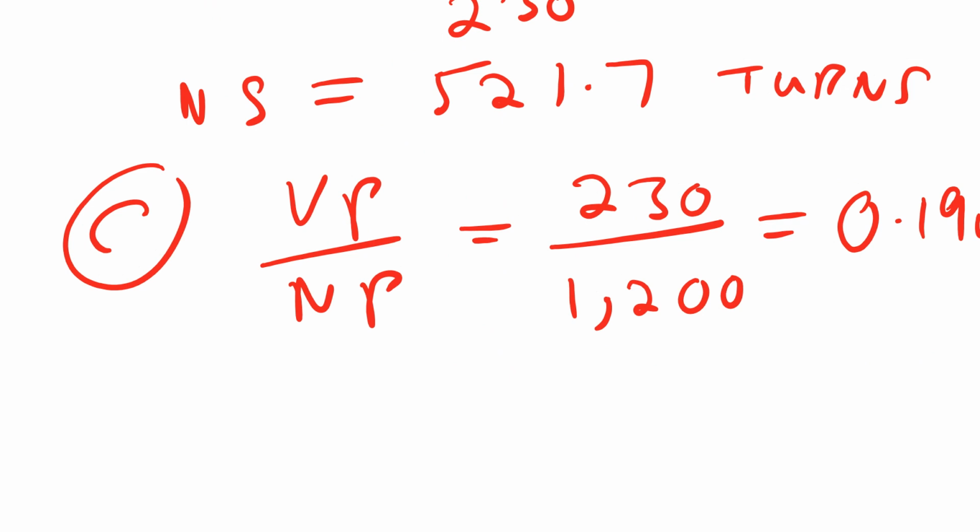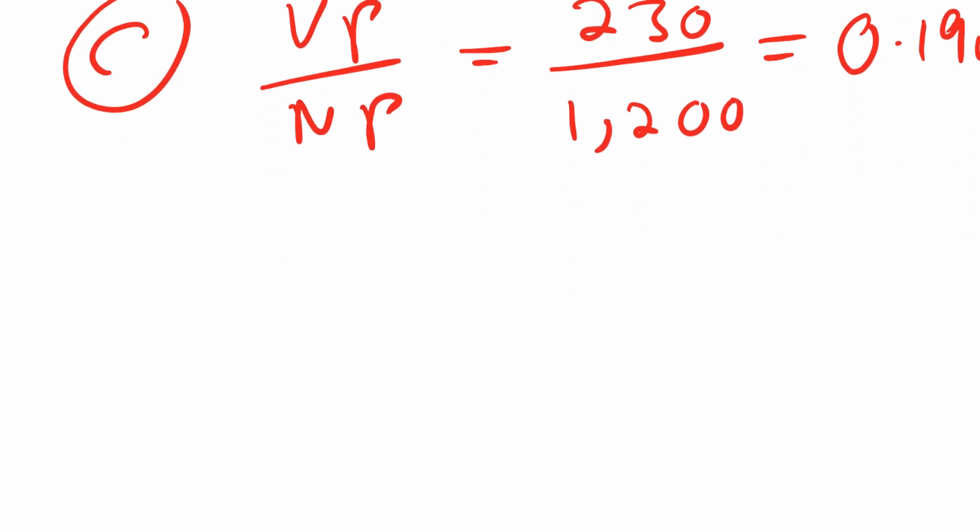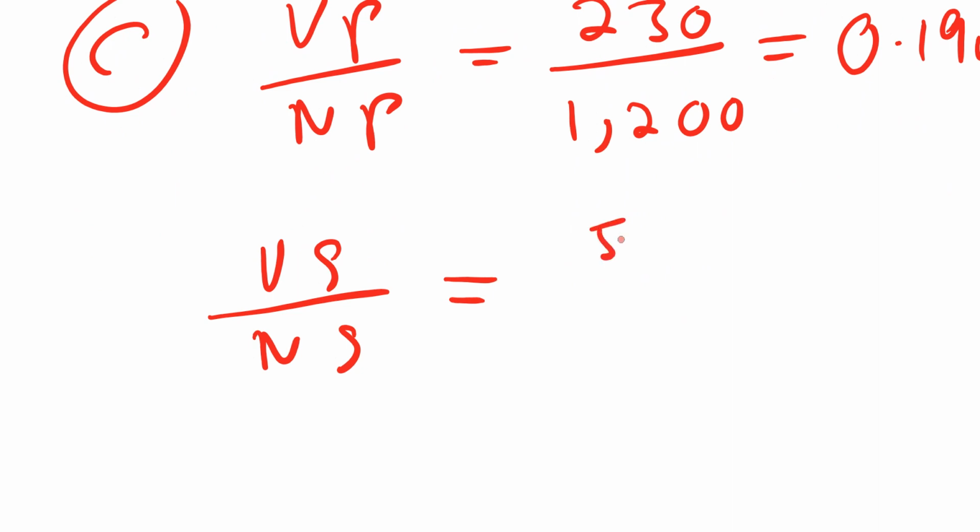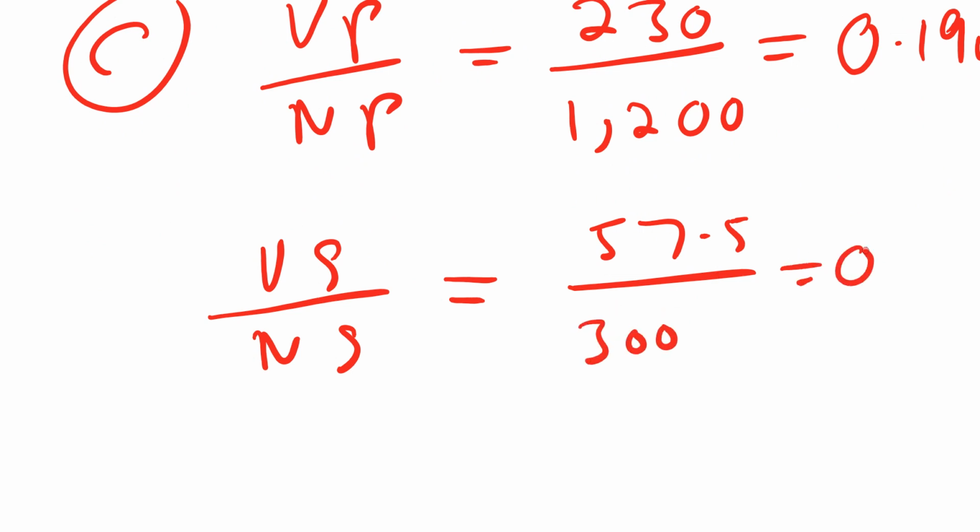And this is for part A of the question. Now to find the volts per turn on the secondary, we'll do the same thing. We'll take the voltage on the secondary and we'll divide by the number of turns on the secondary. Put in our numbers and we have 57.5 divided by 300 equals 0.19 volts on the secondary.